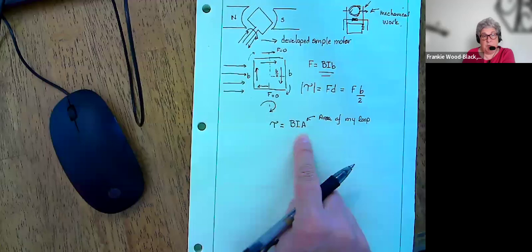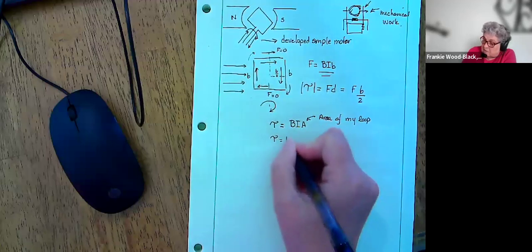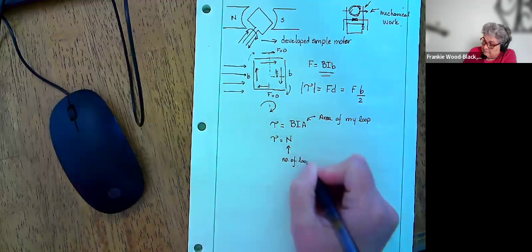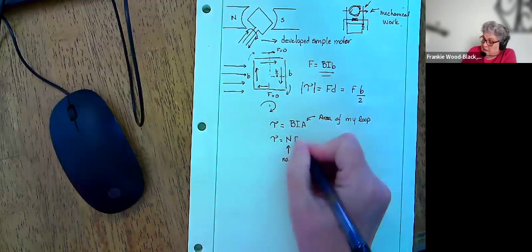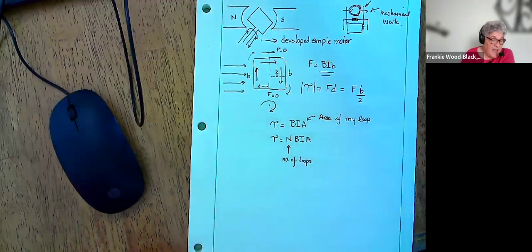Now, for one loop, this is what it's going to be. But for multiple loops, it's going to be the number of loops times the magnetic field times my current times my area. And that really gives us our quantity that's in here.